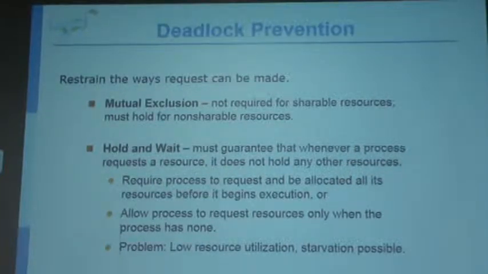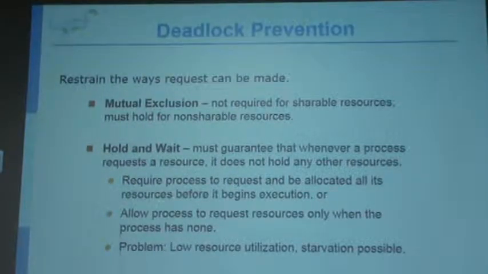Why don't you allow each resource to be shared by multiple processes? Then a deadlock situation never happens. Okay, your resource is always shared by many processes. However, if you allow such a thing, that may cause a lot of problems, right? Then why do we need any lock or unlock or synchronization? So you cannot always use such a mutual exclusion.